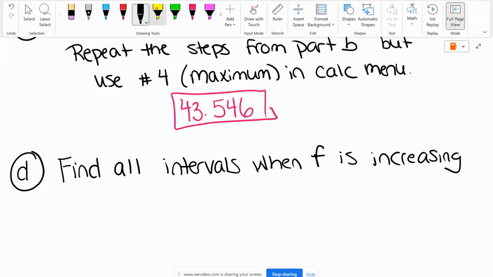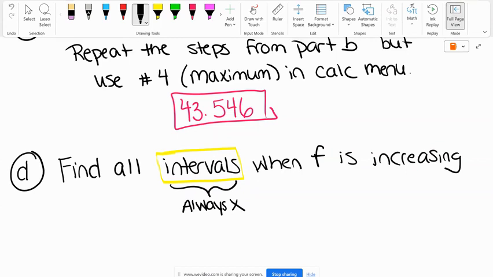Now, when they're talking about an interval, is interval X or Y? No, anytime we ask for an interval, it's always the domain. It's always X. So anytime I ask for an interval, it's always X.